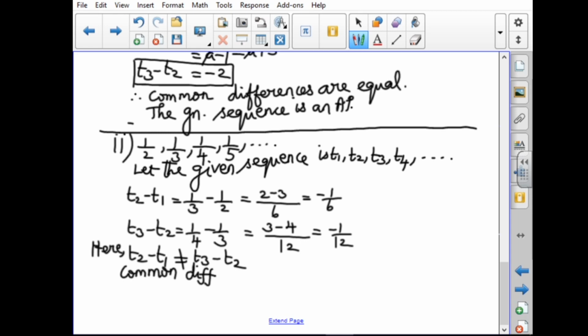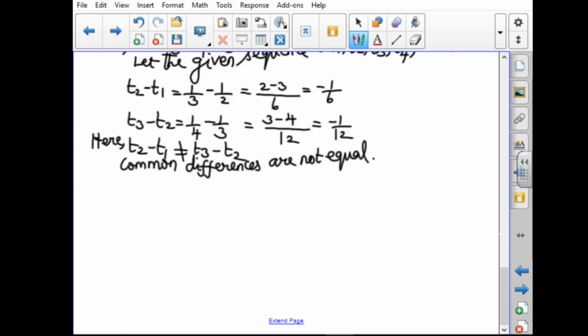Therefore, the given sequence is not in AP.